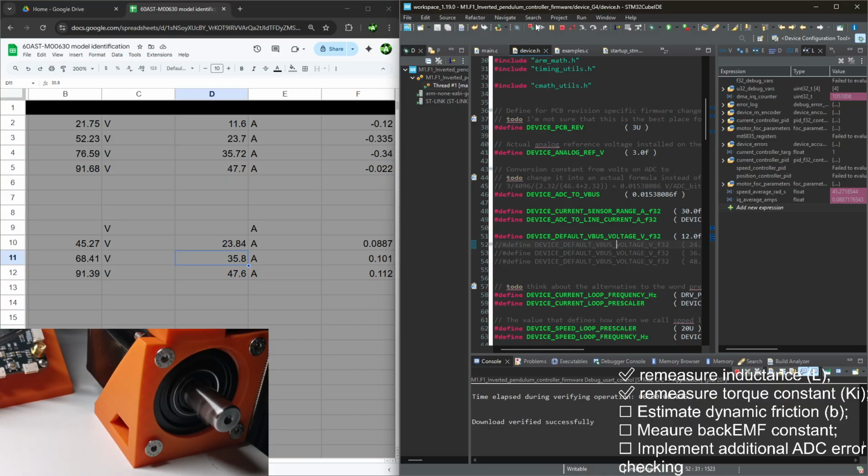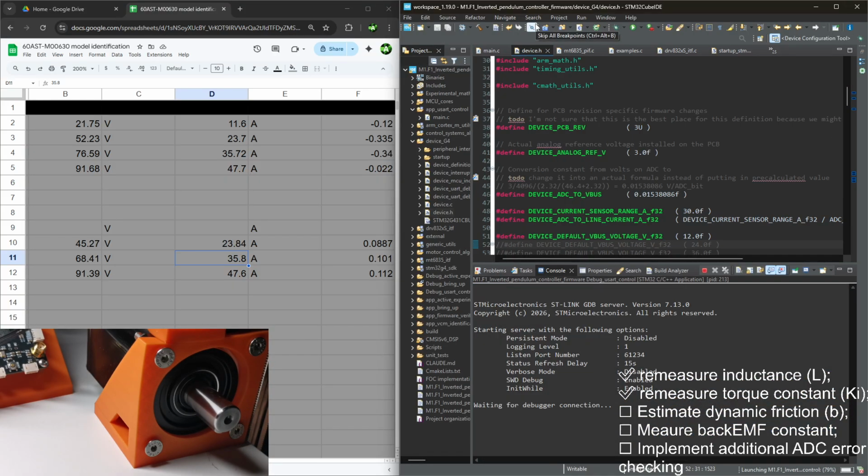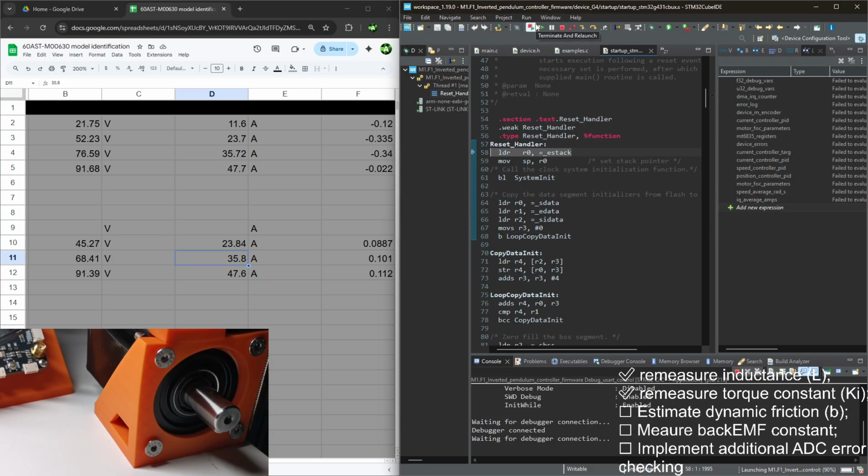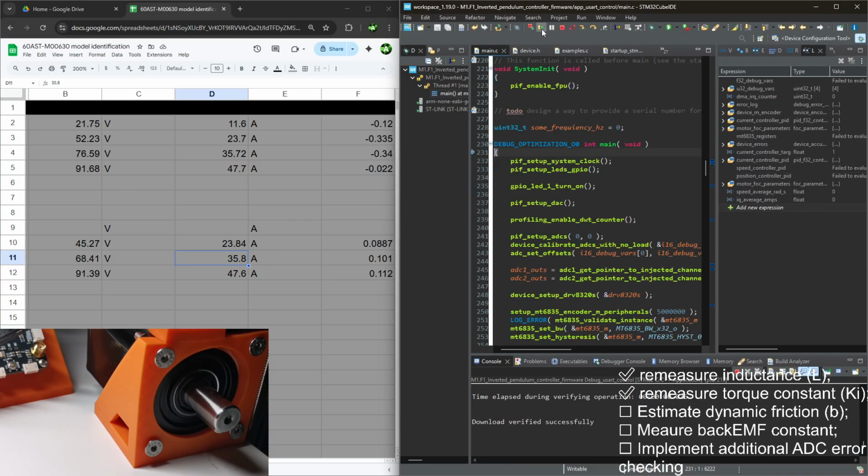12 volts. Let's flash, and let me change the voltage on my power supply. Done. And let's see. Run. Okay. Start spinning.